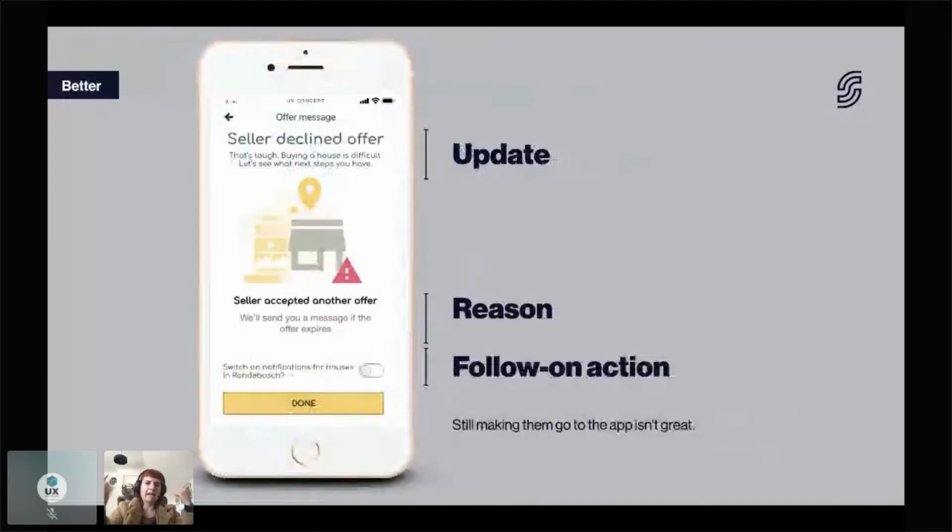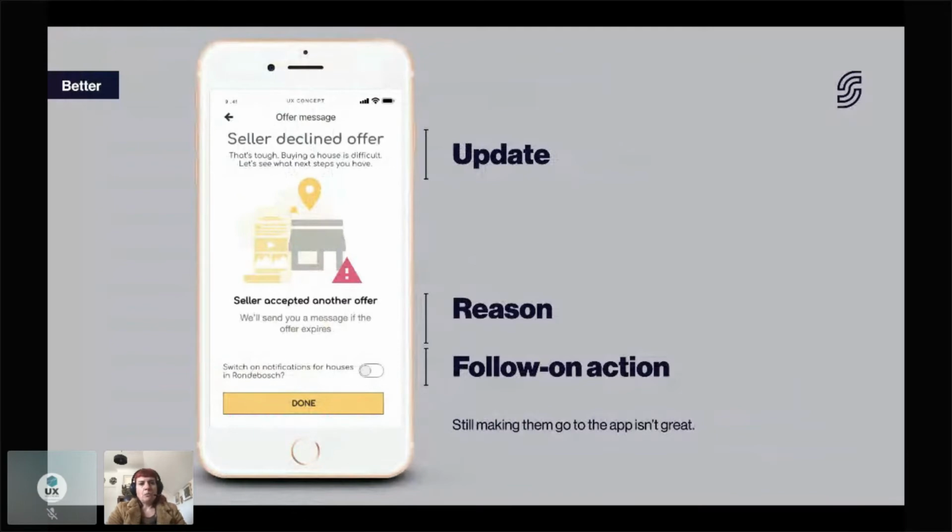So let's think back about this experience. Instead of creating a delightful experience with a beautiful, fun animation, which might not be appropriate, maybe in this case the message that the customer sees is, seller declined offer. That's tough. Buying a house is difficult. Let's see what next steps you have. Then there's an illustration to help us breathe, so that you can read the different bits a little better.